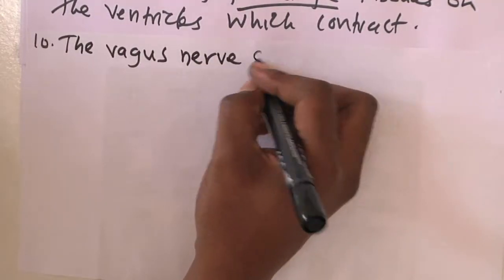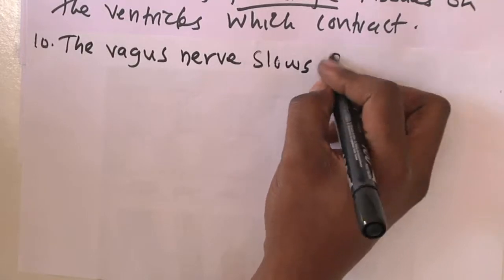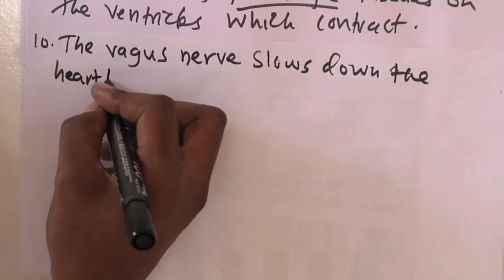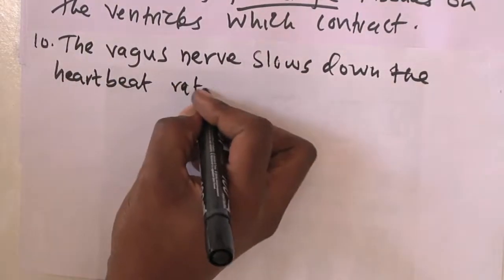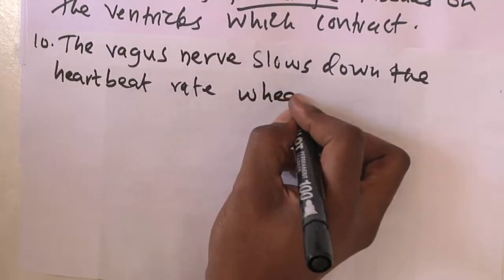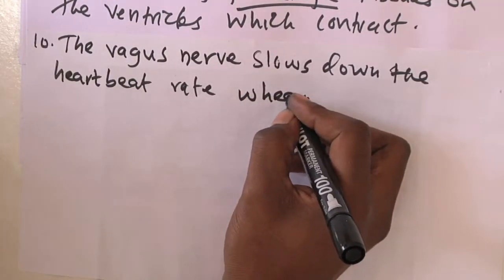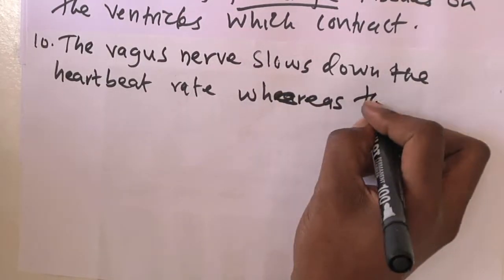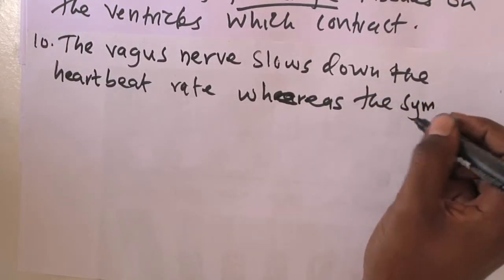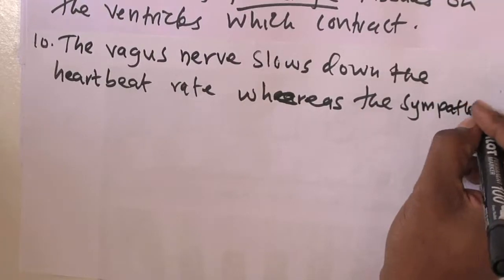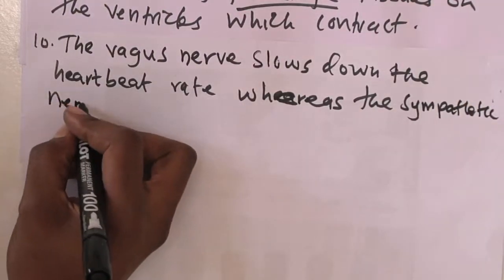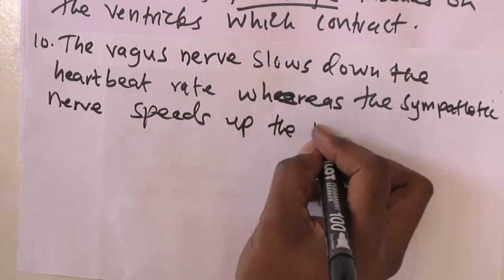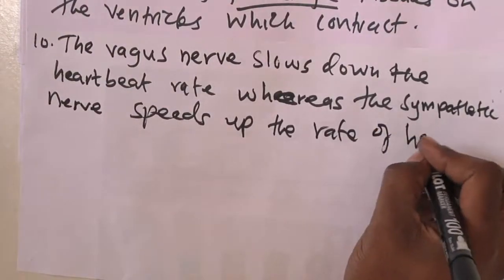The vagus nerve slows down the heartbeat rate, whereas the sympathetic nerve speeds up the rate of heartbeat.